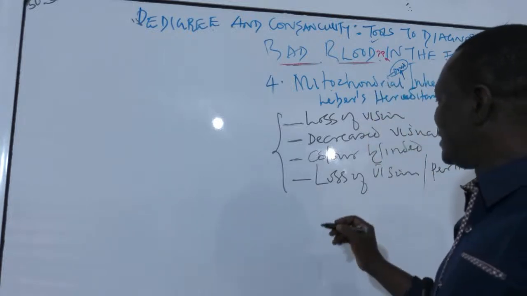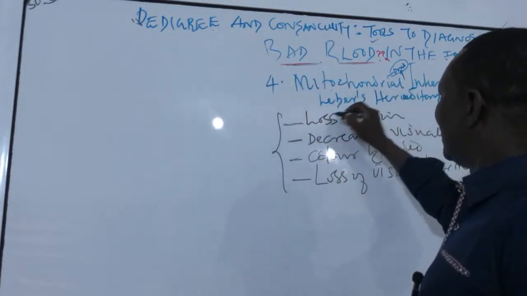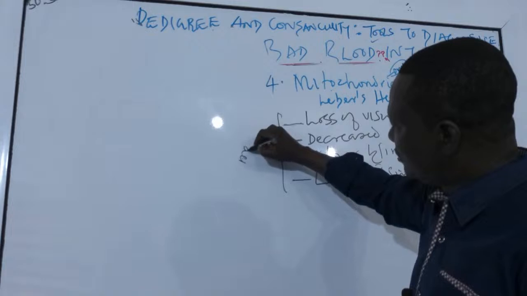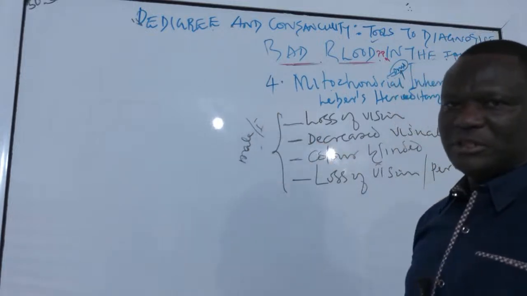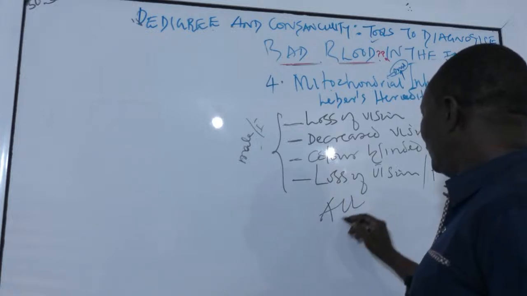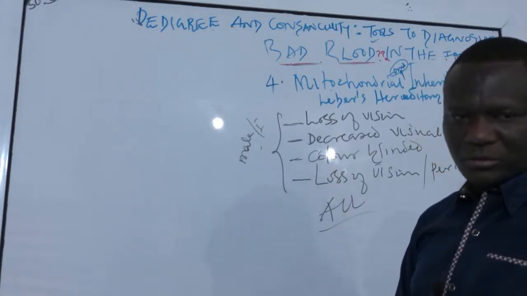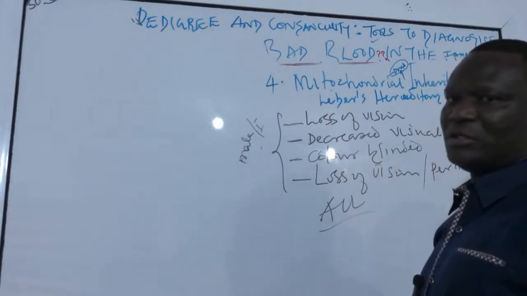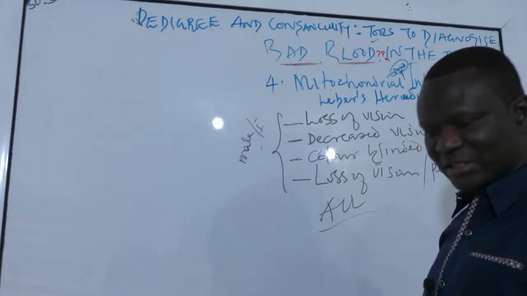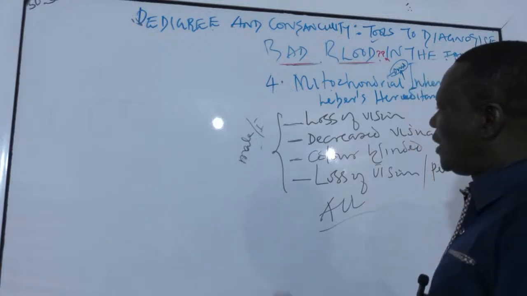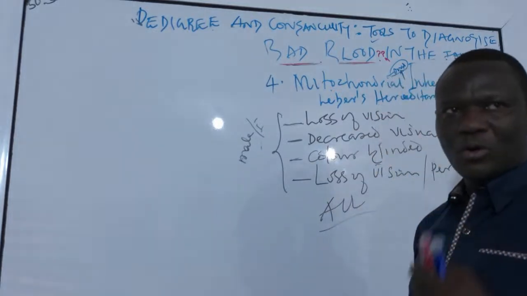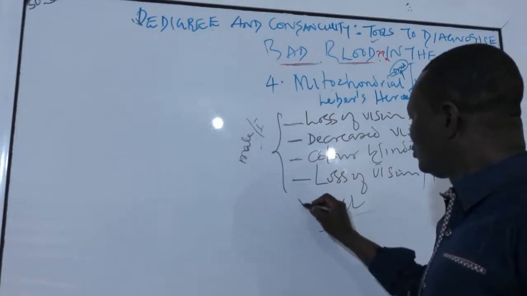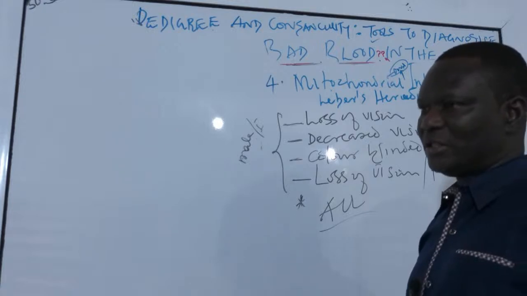The only thing is that irrespective of whether the person is a male or female, all of their children will be affected. Whether it is the mother that is having it, all will be affected, no exception. Or whether it is the father, all the children will be equally affected.